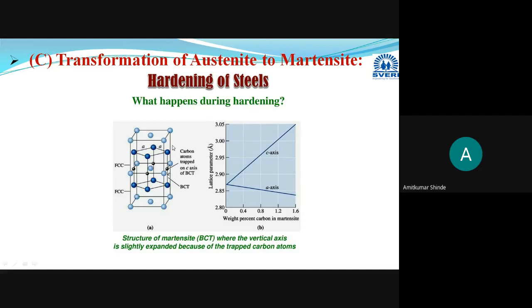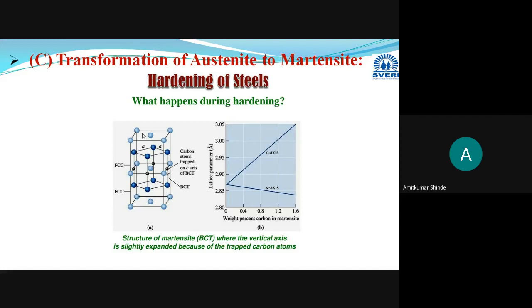Just forget this inside portion with the dark spots, and concentrate on this light colored part. This is the BCC crystal structure. BCC alpha iron will be there, and carbon will form a solid solution with the alpha iron.